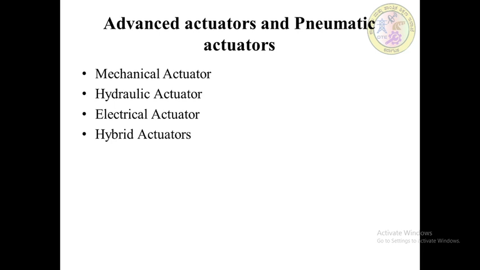Likewise, these are all very important applications of electrical actuators. Another type of actuator we need to understand is the hybrid actuator. Generally, hybrid actuators are a combination of these three: mechanical, hydraulic, and electrical. Sometimes it controls the mechanical part of the system.